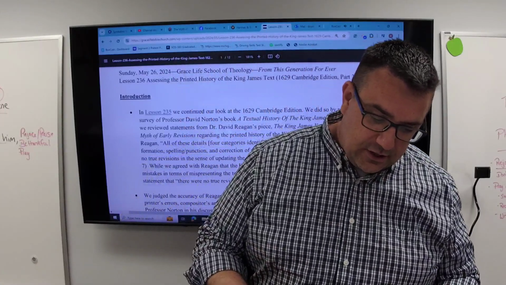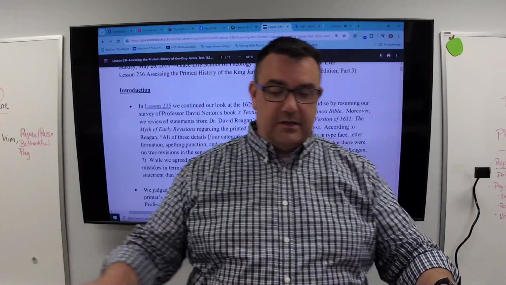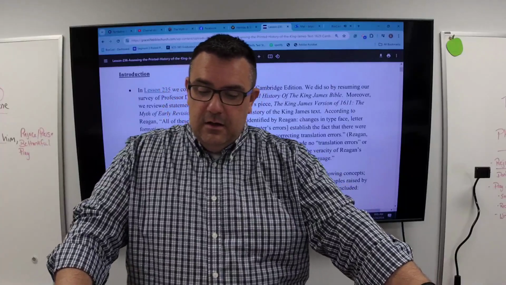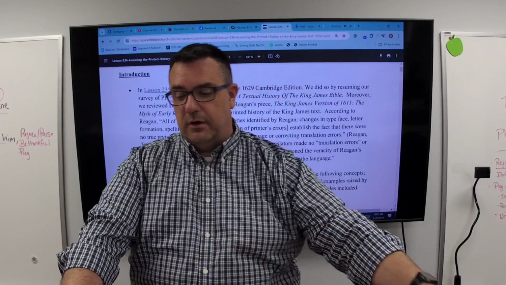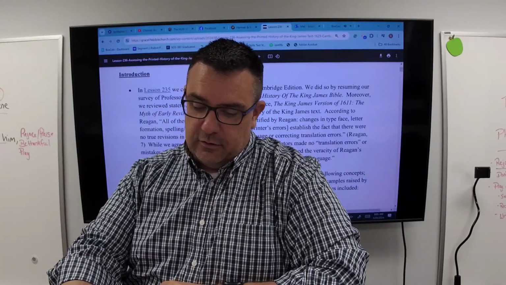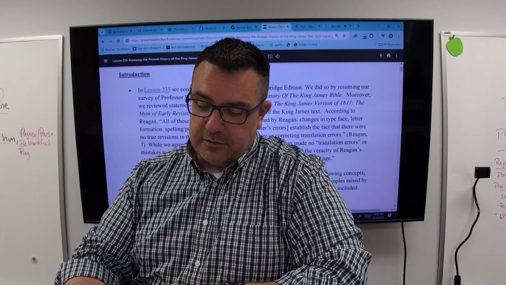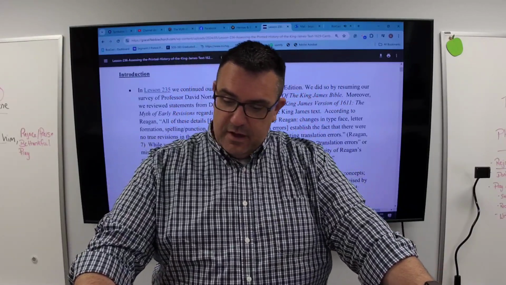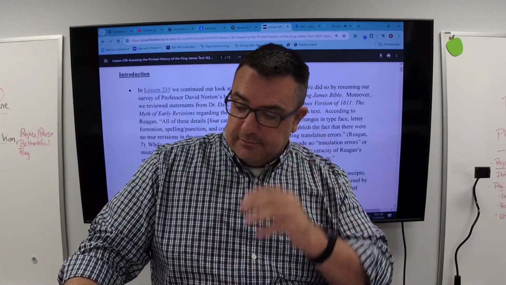All right, let's get right into this. Lesson 236, Assessing the Printed History of the King James Text, 1629 Cambridge Edition, Part 3. In lesson 235, the previous lesson, we continued our look at the 1629 Cambridge edition by resuming our survey of Professor David Norton's book, A Textual History of the King James Bible. Moreover, we reviewed statements from Dr. David Reagan's piece, The King James Version of 1611, The Myth of Early Revisions, regarding the printed history of the King James text.